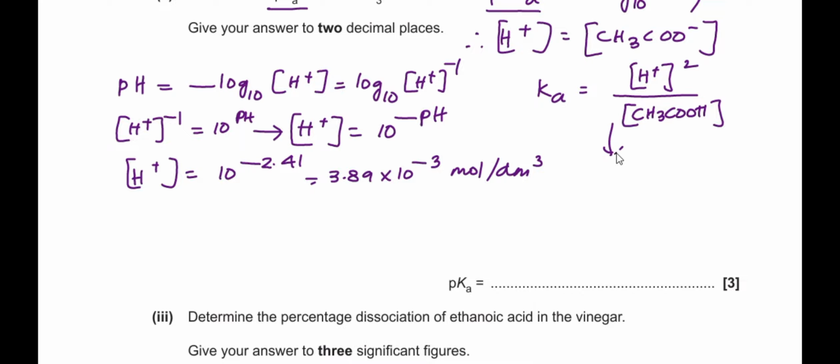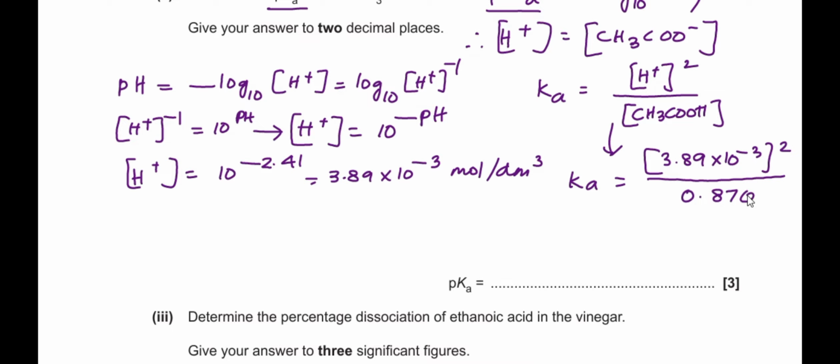Therefore, Ka equals, in the numerator we have 3.89 times 10 to the power of minus 3 to the power of 2 divided by the concentration of the acid, which was given as 0.870. That gives a value for Ka as 1.7393 times 10 to the power of minus 5.